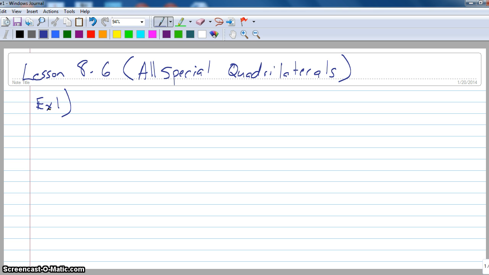This is a nice, easy lesson, because it goes over all the quadrilaterals, and you need all the notes from 8.1 all the way to 8.5. It's like a nice review before we review for the test. Just keep in mind, this lesson is over all the lessons put together, so when you get your work, it's very comprehensive. So let's get started.